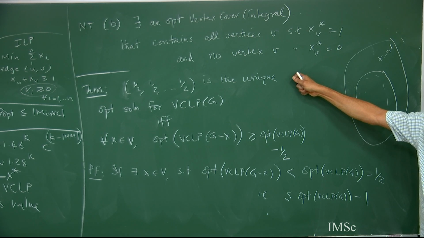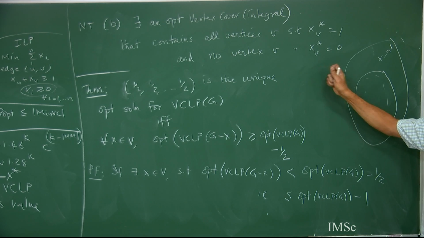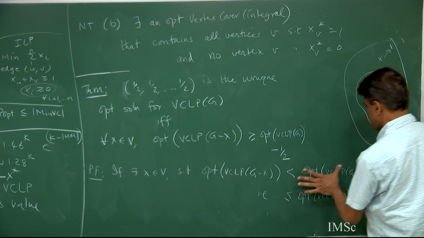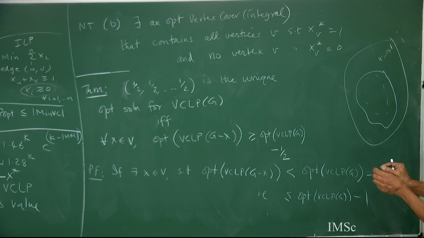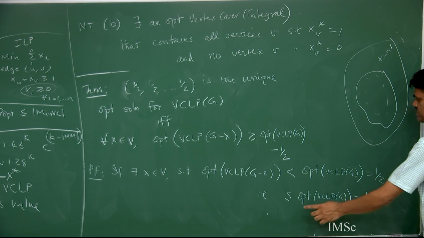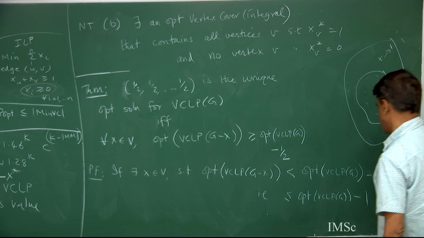Okay, let me just go over it again for people who missed it. Suppose there is an x such that this happens. Since the values are all 0, half, 1, strictly less than means that it is actually less than or equal to this.